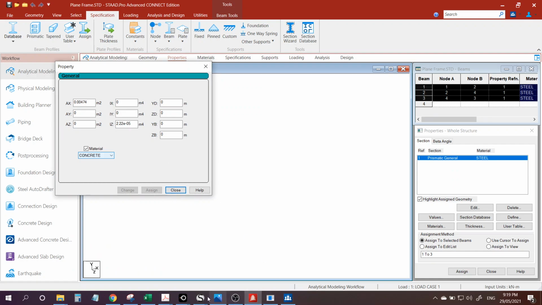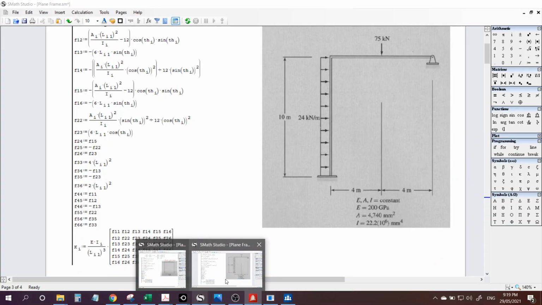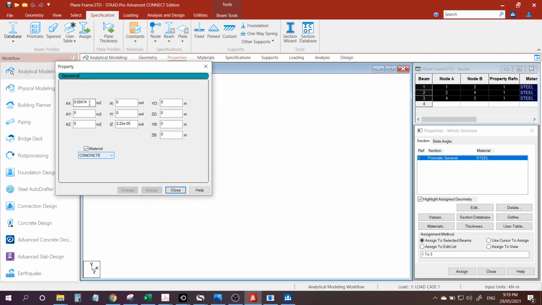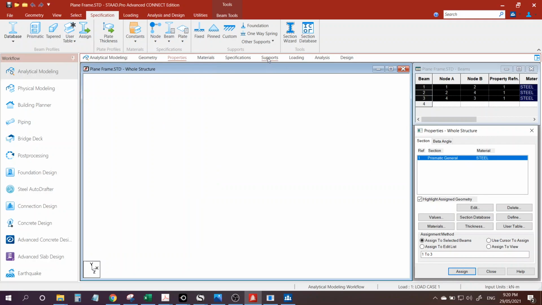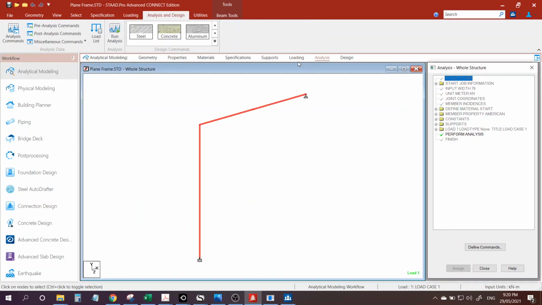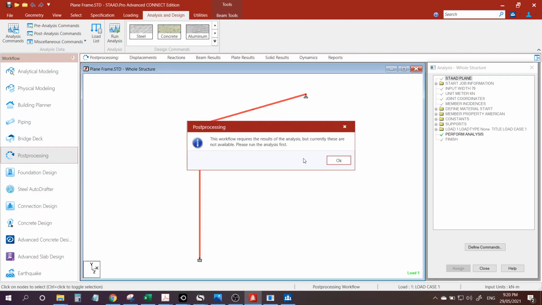So we have 4740 and 22.2. Of course, this is still 200 gigapascal. Then post processing. Okay, I need to run again.